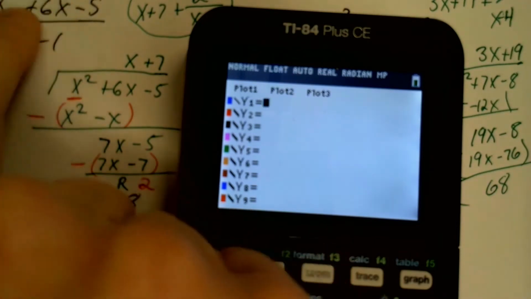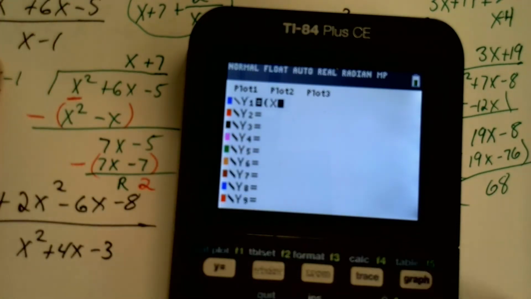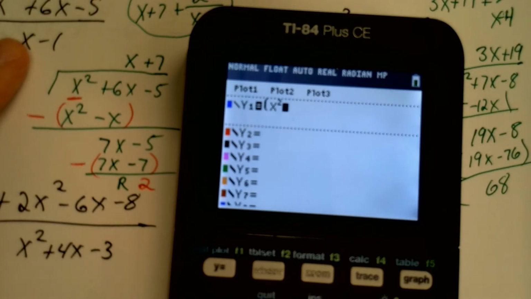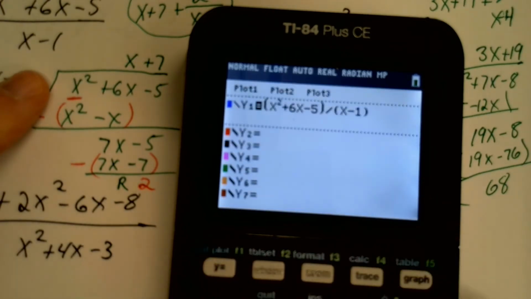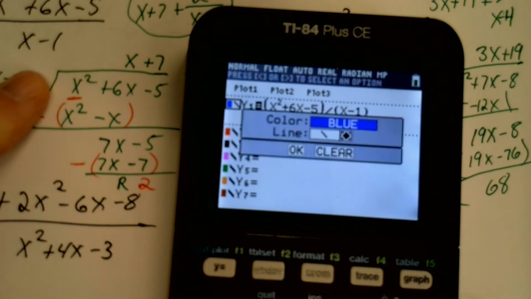So I'm going to do my first one, parentheses x, because I got to put this all in the numerator spot, x squared plus 6x minus 5, close parentheses, divided by, parentheses, x minus 1, close parentheses. Let me go back to my y equals. I'm going to change this and make that back to thick. I switched this in another one of my classes earlier, so I'm going to change it back. And then zoom 6.